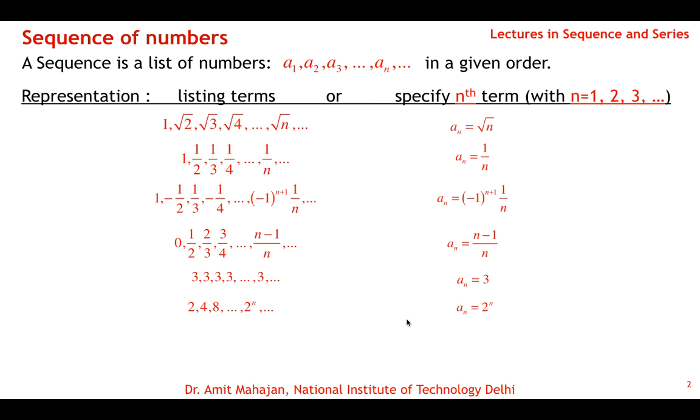So what we are seeing here is that these numbers n equal to 1, 2, 3, and so on act as a domain, and so we can represent it like a function. They act as a domain, and the elements are in the range of the function.